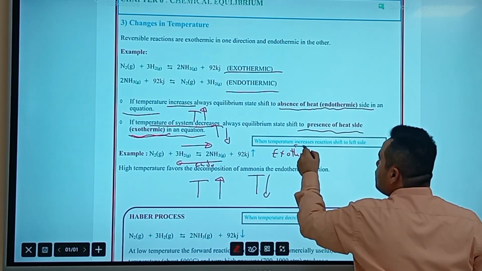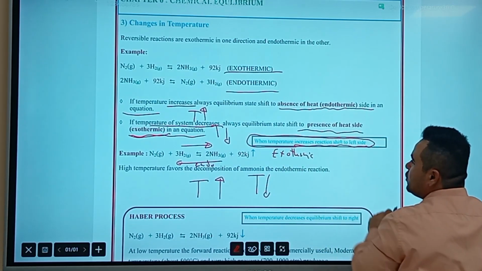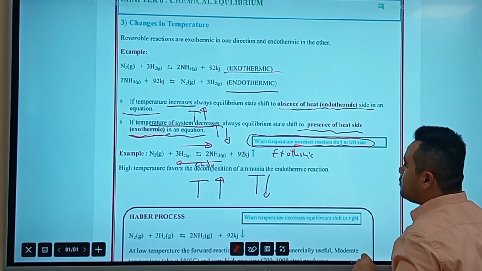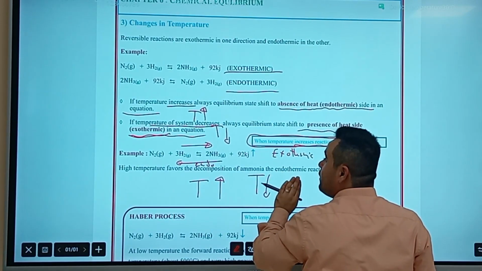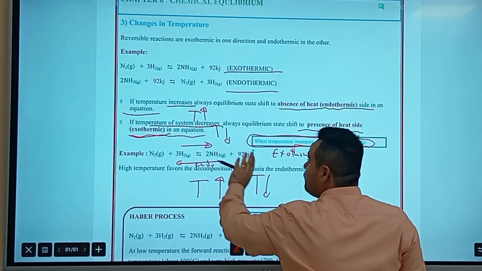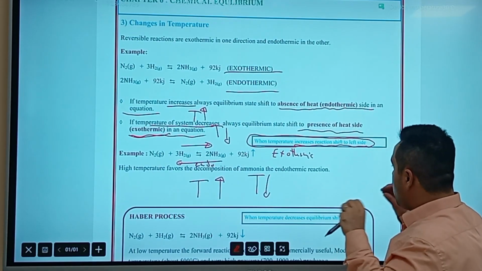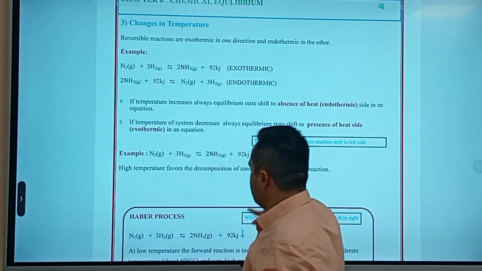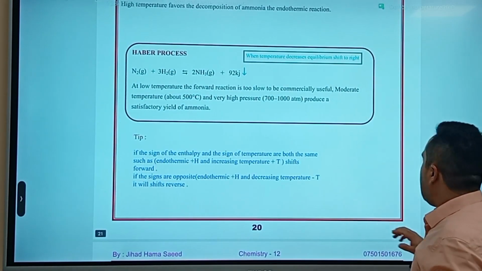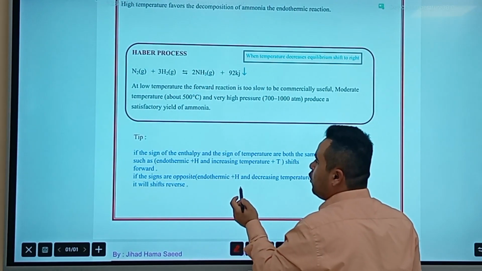So when temperature increases, the reaction shifts to the left side. Why shift to the left side? Because the left side is endothermic. The favorite direction is toward the left side. The reverse is endothermic. The forward is exothermic. Guys, I have provided a note here in order to know how temperature works.